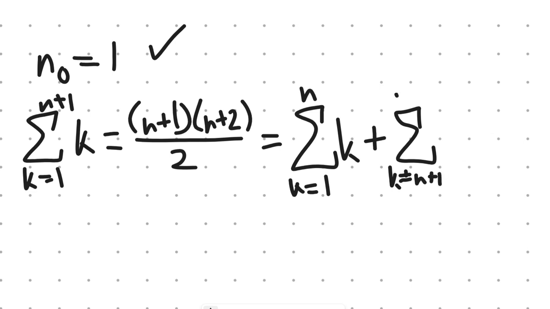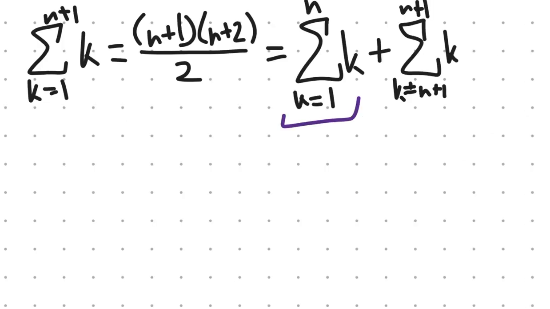So we will write it like this. And since we know this one, and we are assuming that this sum is equal to n times n plus 1 divided by 2, the other one is just equal to n plus 1.